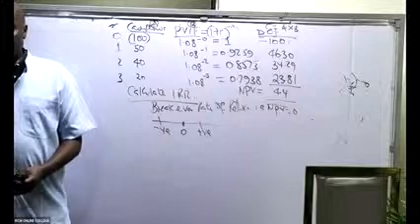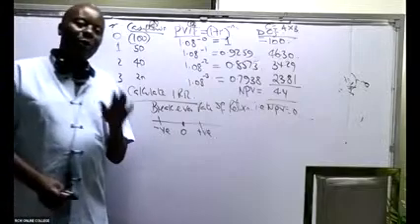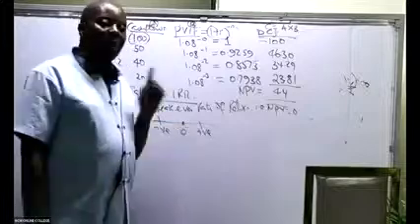So remember, ladies and gentlemen, for us to get IRR, to be able to interpolate to get a 0, we must have how many NPVs?